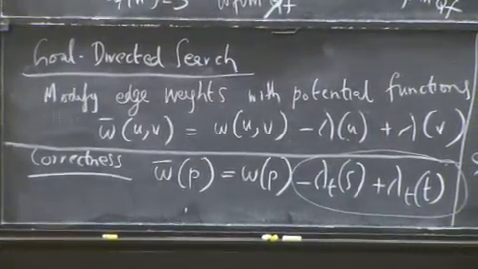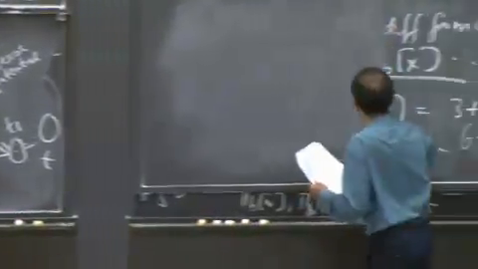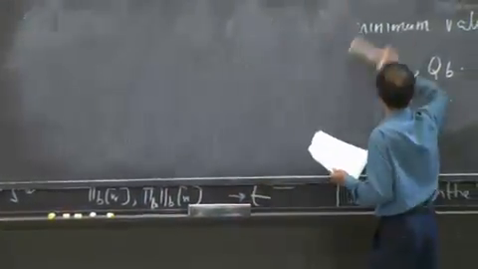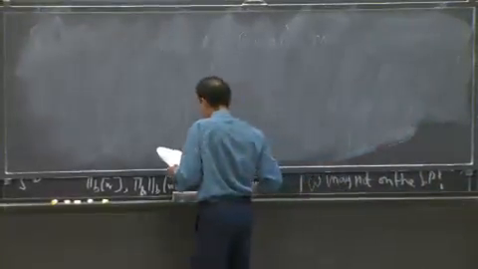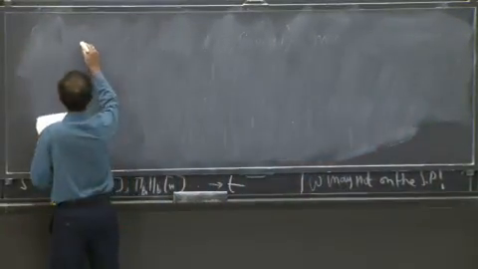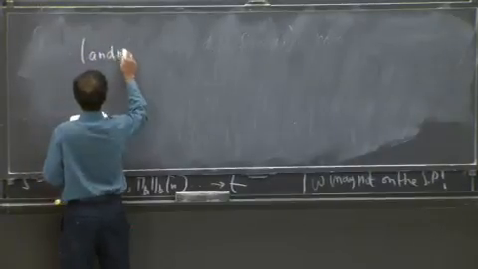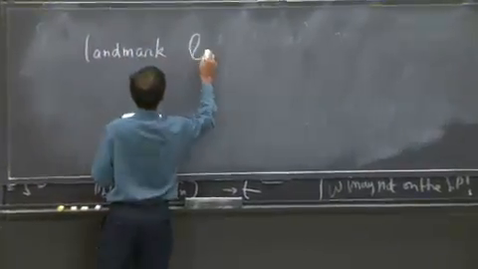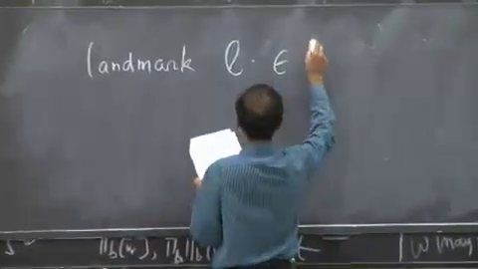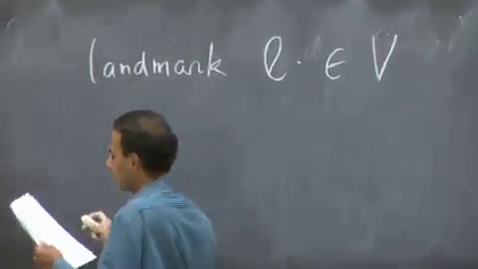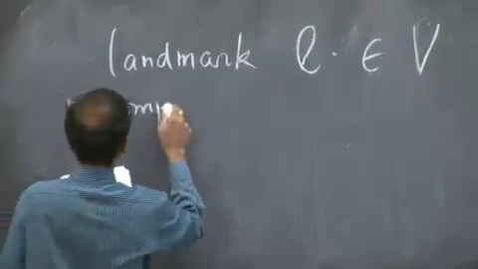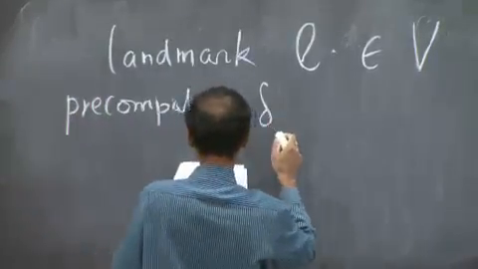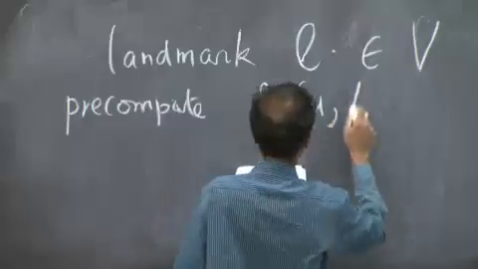But one way of getting these potentials, or this potential function, is to use what's called a landmark. And so the basic idea is that you have a landmark L, which is a vertex belonging to V, and we're going to pre-compute delta(U, L).